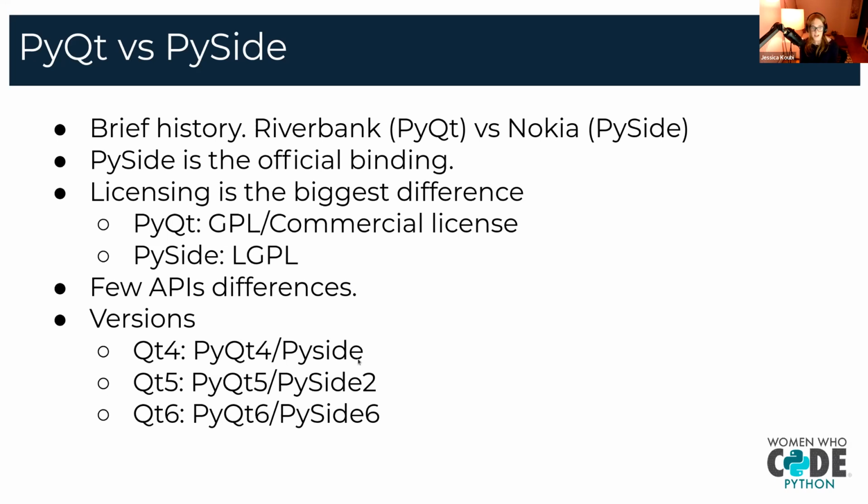Then when Qt 5 was introduced, you had PyQt 5, and then PySide 2 was introduced as well. And when Qt 6 was done, which was rather recent, PyQt 6 and PySide 6 got released. You can see that PySide jumped from 2 to 6 to match the version of Qt. Those versions got released a year ago: December 2020 for PySide and January 2021 for PyQt.